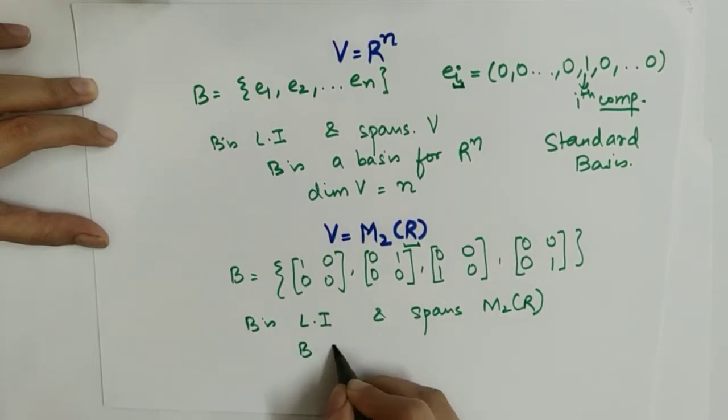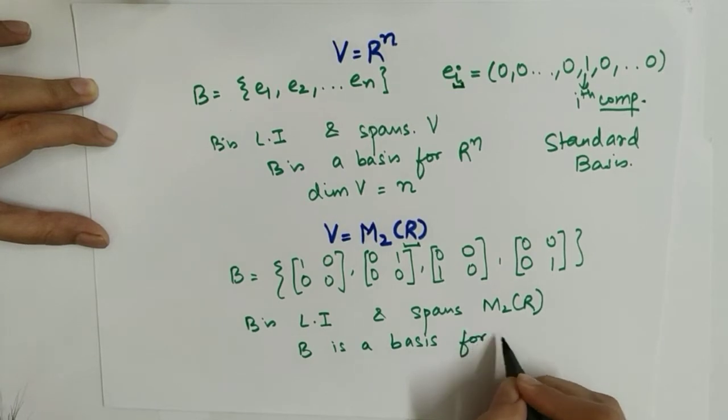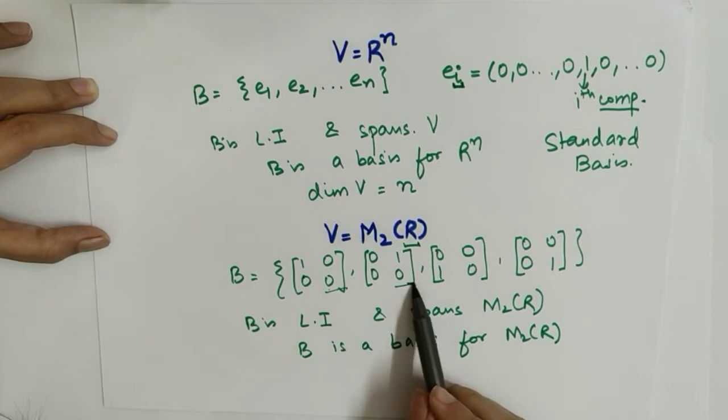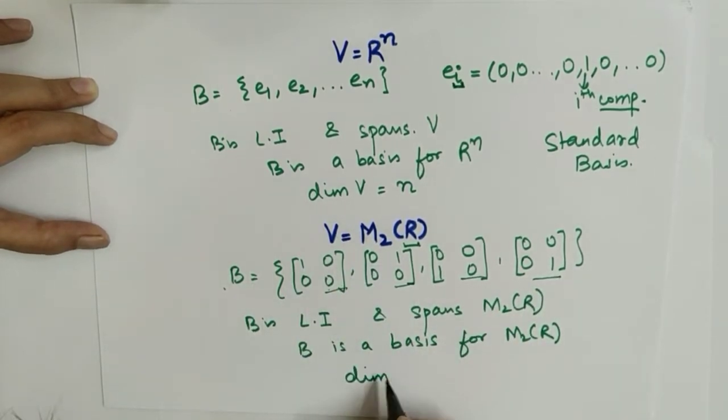That means B is a basis for M2R. And because there are 4 elements in B and B is a basis for V, the dimension of V is equal to 4.